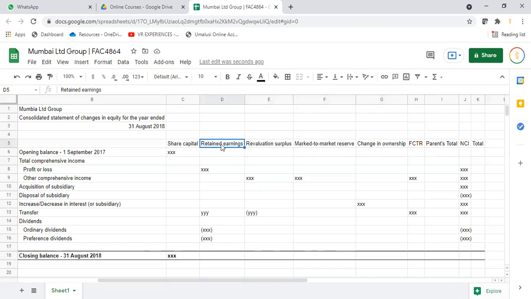So profit or loss is closed off to retained earnings. Revaluation surplus, what is closed off to revaluation surplus? It is the after-tax other comprehensive income. Mark-to-market reserve. What gets closed off to mark-to-market reserve? It is the after-tax other comprehensive income. Okay, so just take note of this over here.